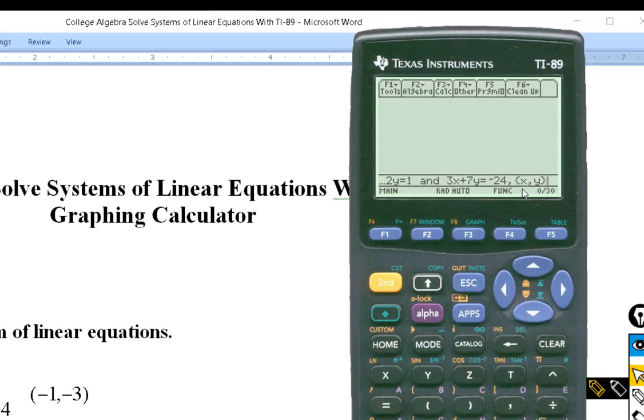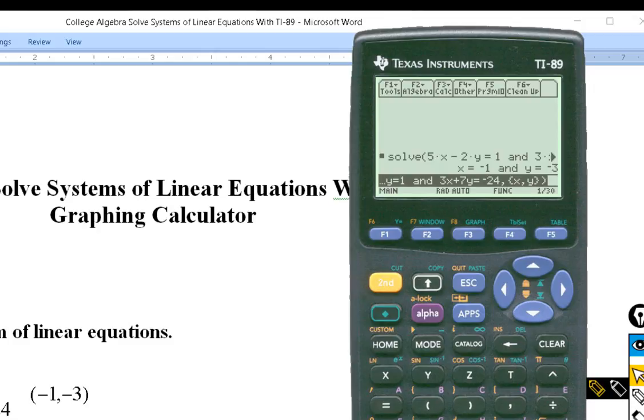So you have to use this method here, and then we close it with a parentheses. So make sure this one is a parentheses. The TI-89 is a little bit more picky than the TI-83. Okay, and then we hit enter, and then it gives you the solution. X is equal to -1, y is equal to -3.